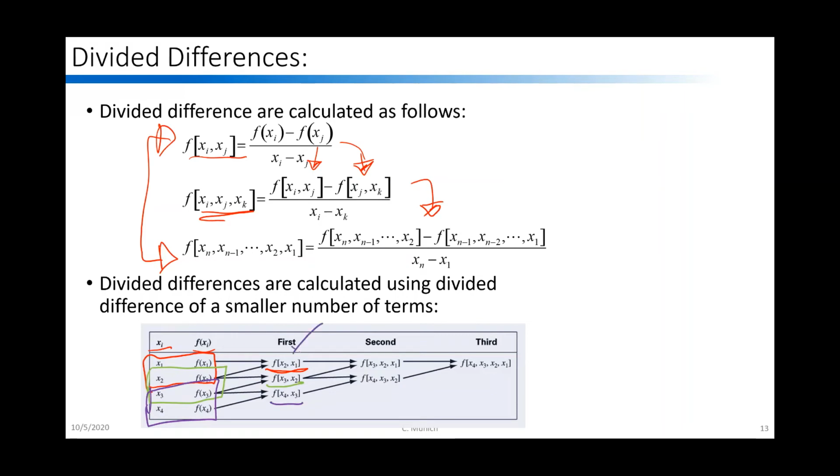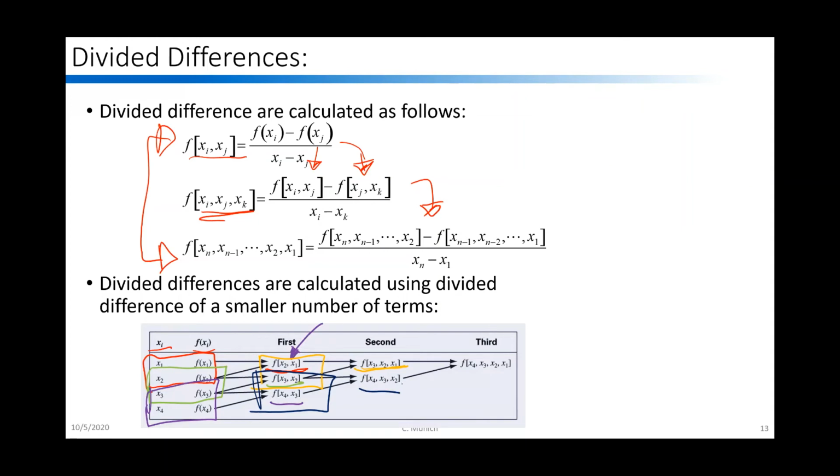I'm only ever going to use this top term for my first divided differences, but I need two terms from the first divided differences in order to get my second difference, right? So I need f of x2, x1 and f of x3, x2 to get f of x3, x2, x1. And then I need the last two to get f of x4, x3, x2.